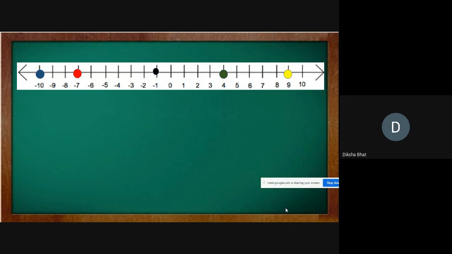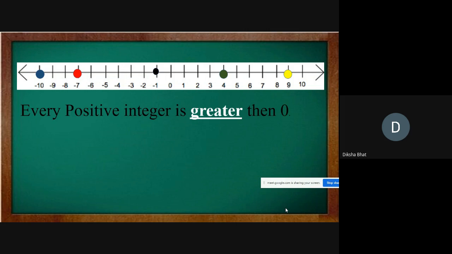Now looking at the number line, tell me if the given statements are correct or incorrect. Every positive integer is greater than 0. I repeat, every positive integer is greater than 0. Is it correct or incorrect?